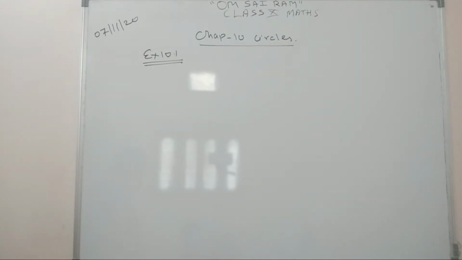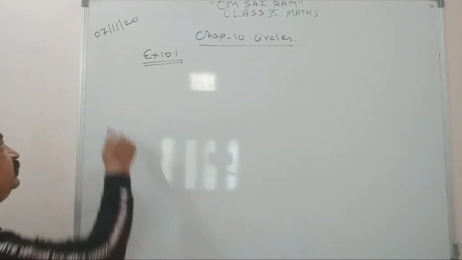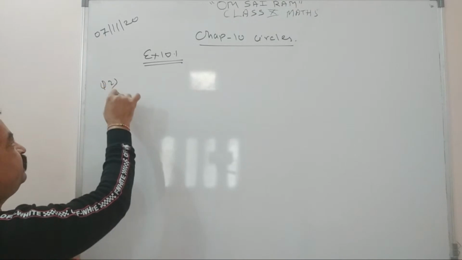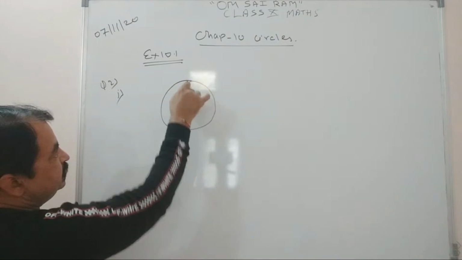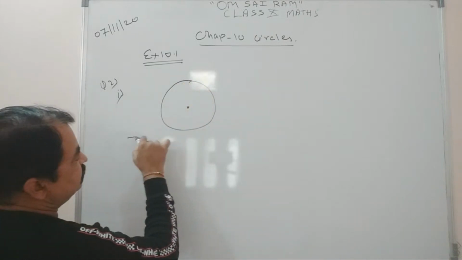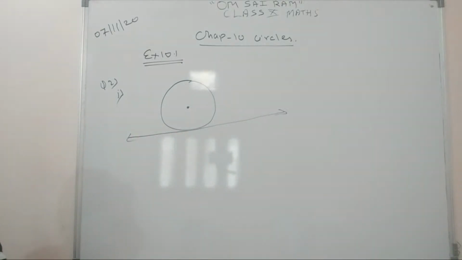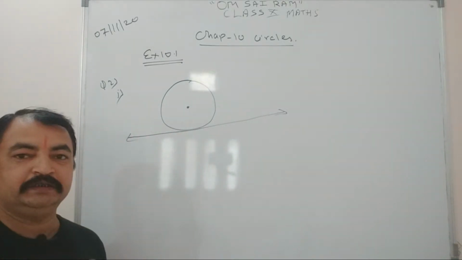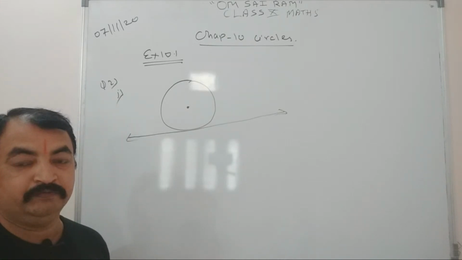If you can see the first one: a tangent to a circle intersects it in dash points. So in how many points does a tangent intersect a circle? This is question number 2, first part, children. This is a circle and this is a tangent. So see the position of the tangent to the circle. How many points does this tangent intersect the circle? Any one of you?